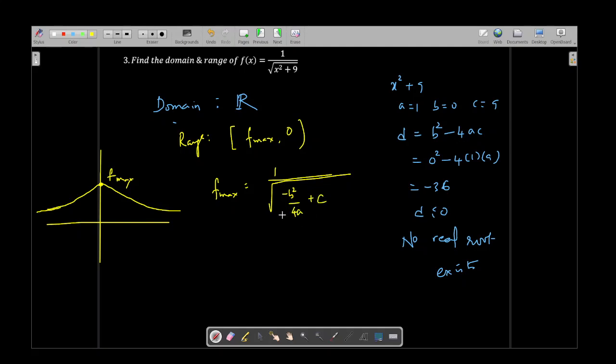So here, since b is 0, this term is 0, so I'll get 1 by square root of c, which is 1 by square root of 9, which is 1 over 3. So the range I claim is 1 by 3 comma 0, which is 0.3333 comma 0. So let us verify this on a graph plotter.